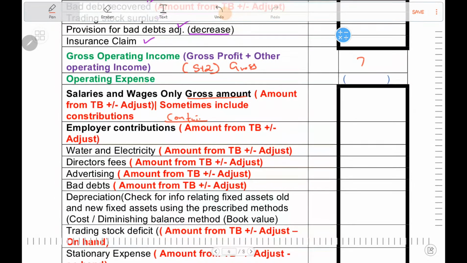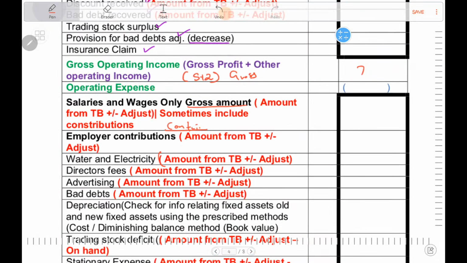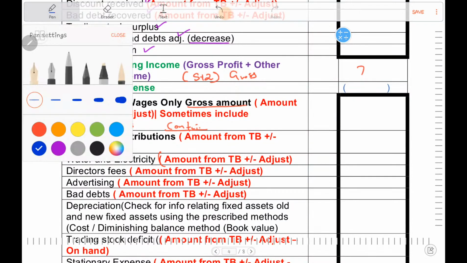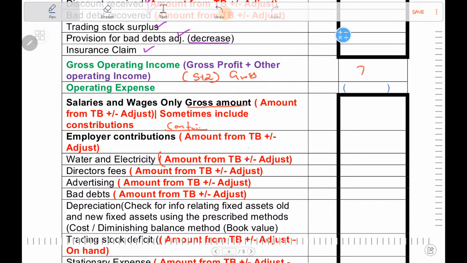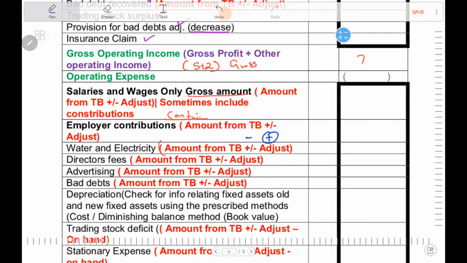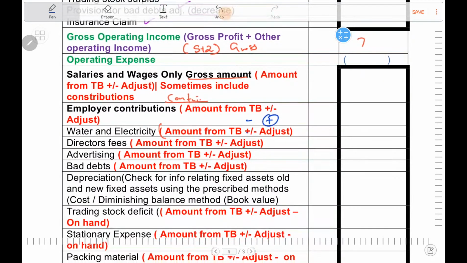Then the water and electricity, the step is simple. You open the bracket, plug in the amount from the trial balance, then adjust whether it's prepaid or accrued. If it is prepaid, you subtract. If it's accrued, then you add. Then let's talk about advertising.